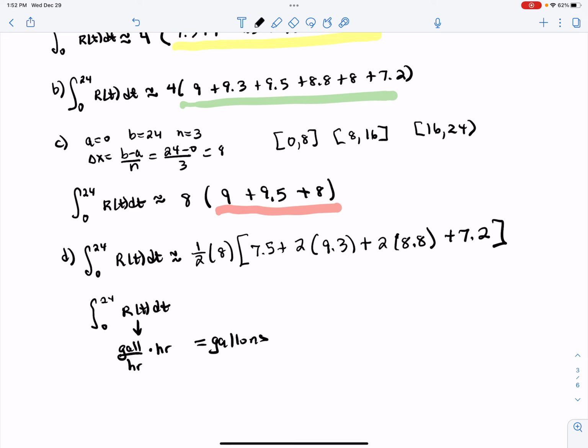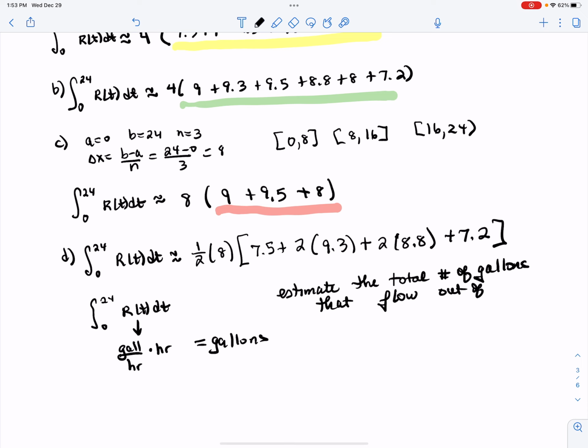So all of these estimate the total number of gallons that flow out of the pipe from t equals 0 to t equals 24 hours.